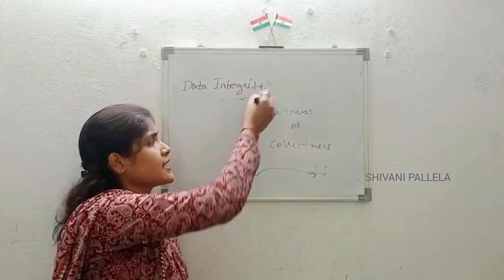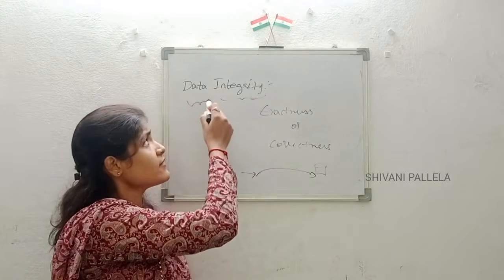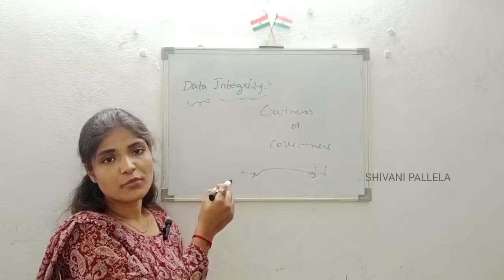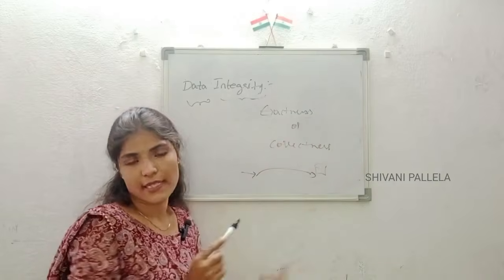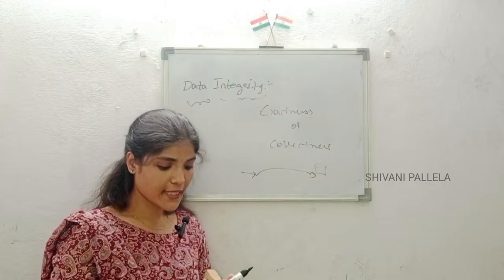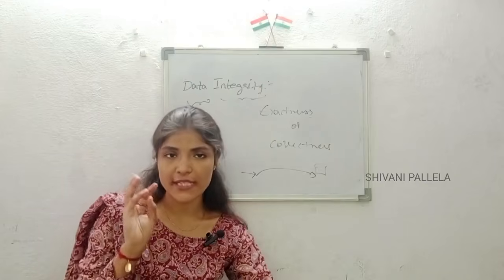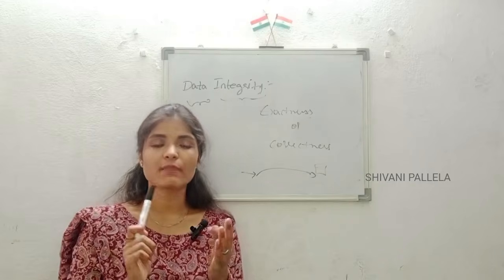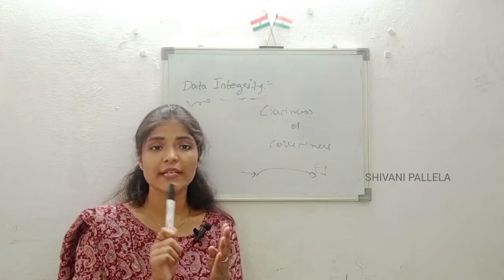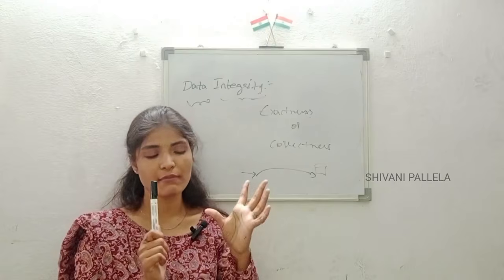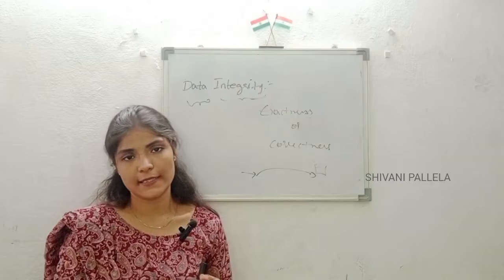Integrity means correctness. Whatever data you are getting should be correct to the point and exact to the point. That is called data integrity. So in this video, you have learned what is meant by data, information, DBMS, database, Rdbms, data redundancy and data integrity.